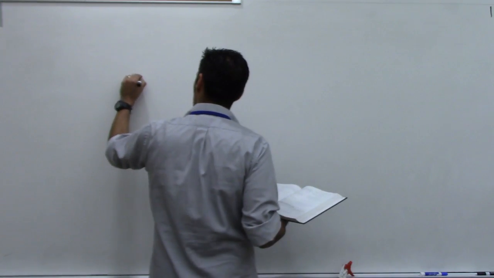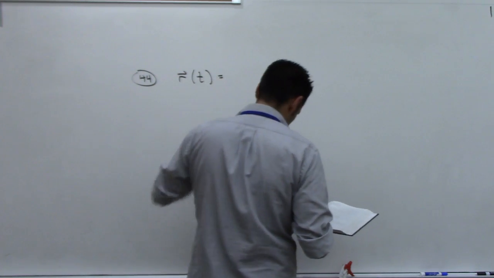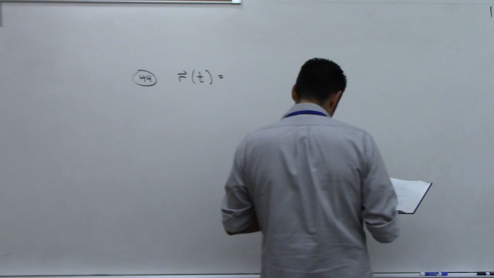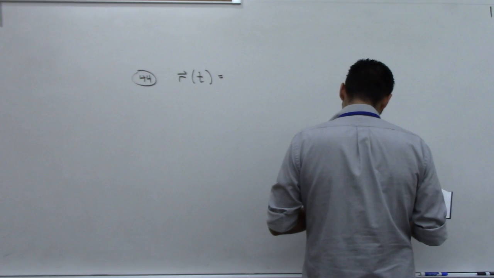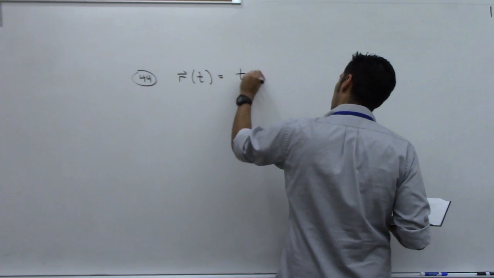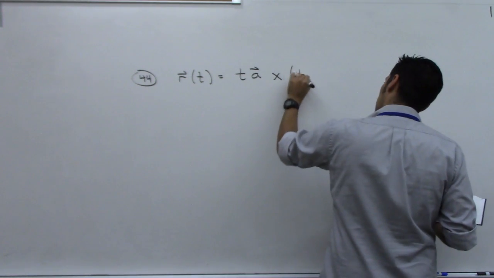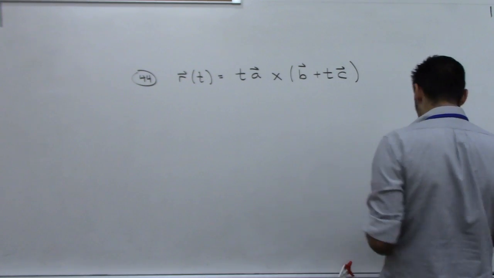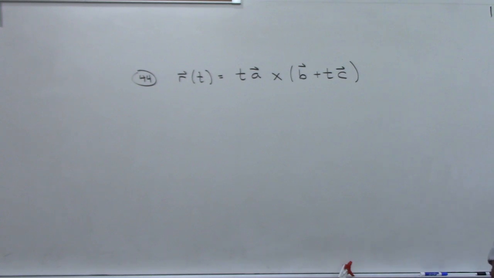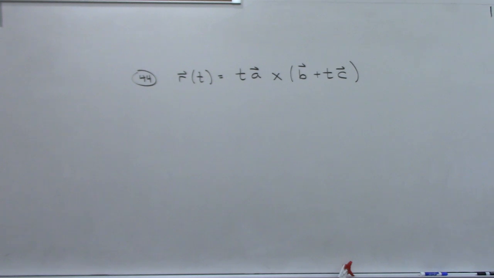So it says 44, r of t equals t times the vector A crossed with the vector B plus t times the vector C. And this is weird because they don't tell you what the vector A, what the vector B, and what the vector C is, right, at all.